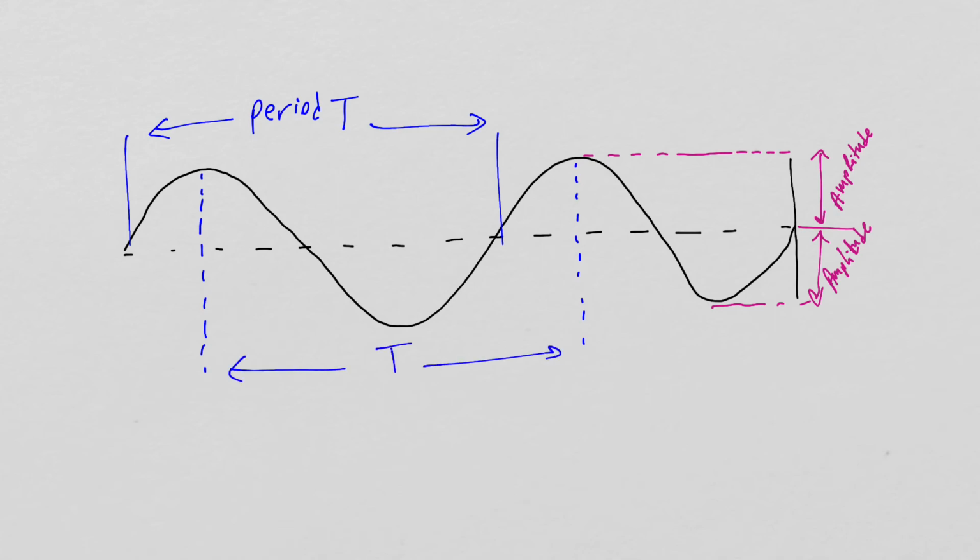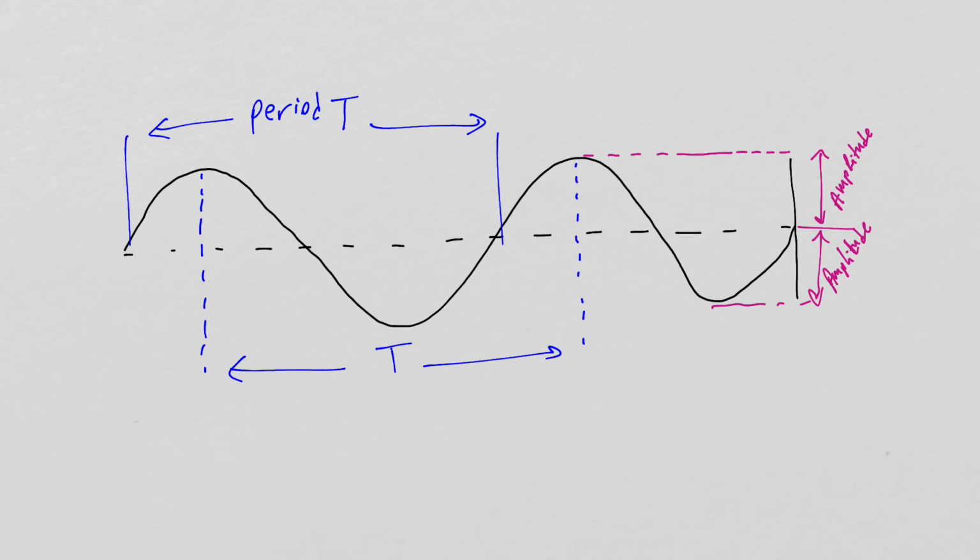And then, of course, I can choose the time between that point of the wave and that point of the wave. That is also the period. So as long as you follow the requirement that you have a unique portion of the wave before it starts to repeat itself, you can always calculate or measure the period of that wave.